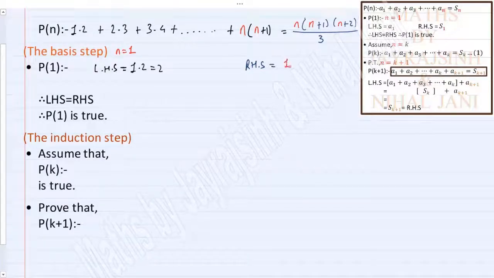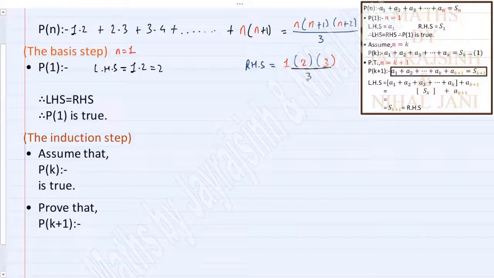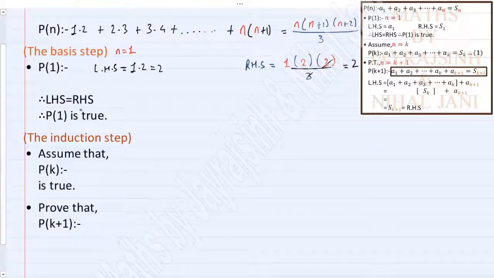So we get 1 into 1 plus 1, or we can say 2, into 1 plus 2, which will give us 3, whole divided by 3. 3 will cancel out, we will get 2. So your left hand side is equal to right hand side. So your P of 1 is true.